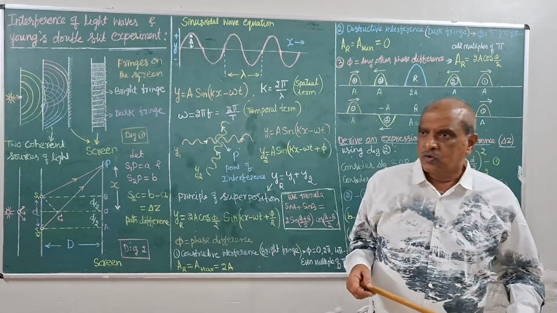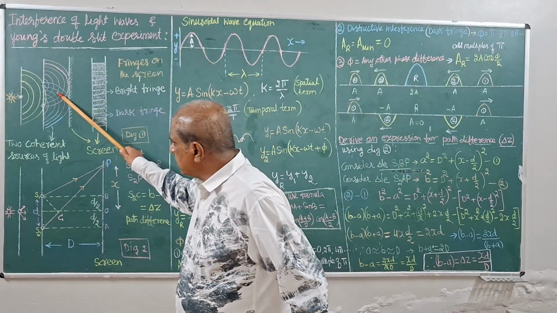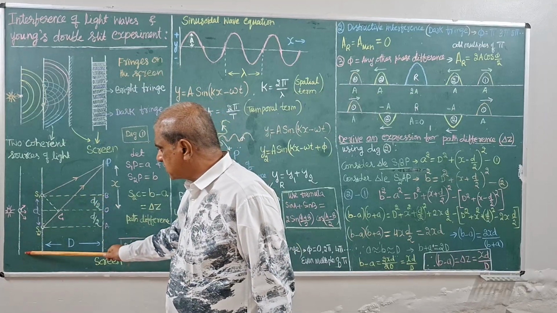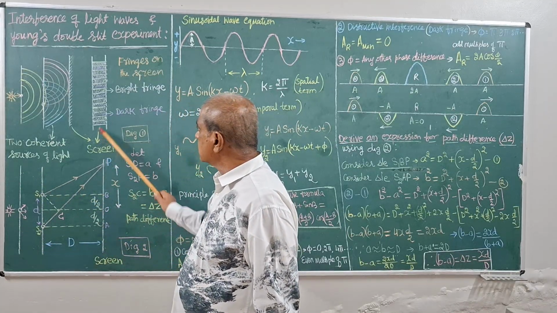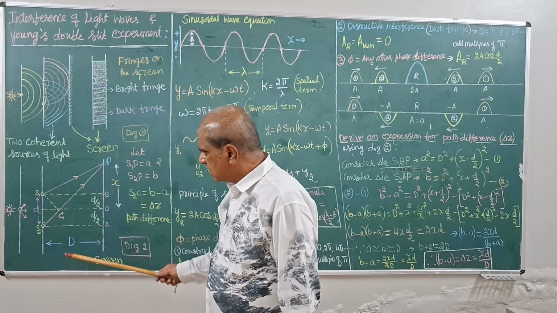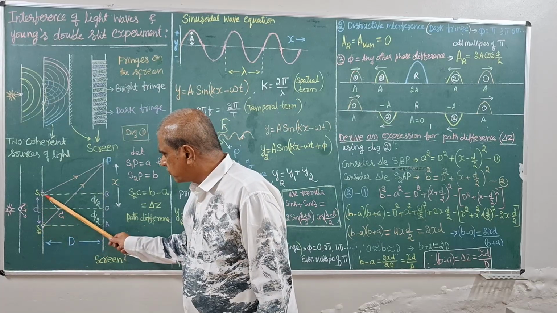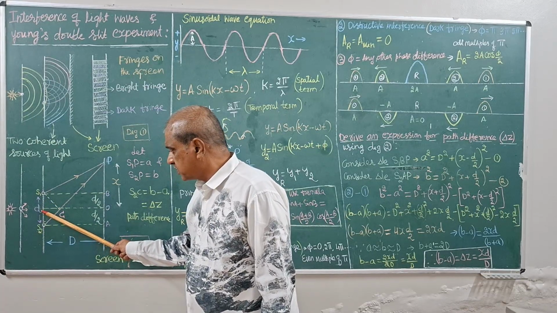And one more thing. In this geometry, the same geometry is written like this: single slit, double slit, and a screen on which these fringes are obtained. Here there is slit 1 and slit 2, holes, and the distance between them is d, of course extremely small.